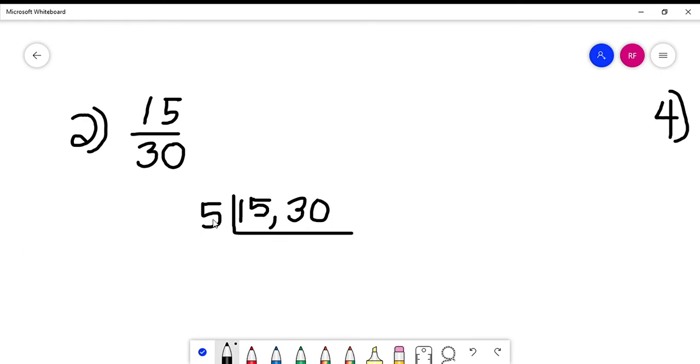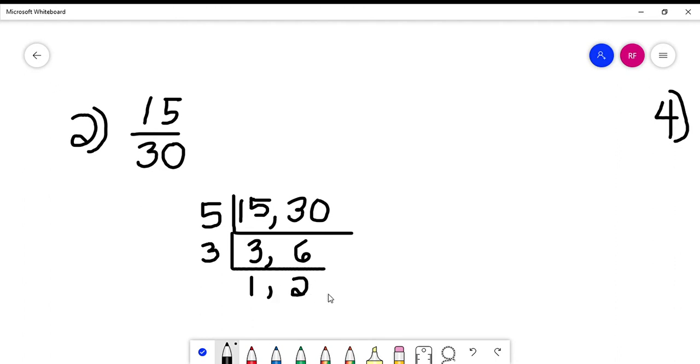So 15 divided by 5 is 3, and 30 divided by 5 is 6. 3 and 6 are both divisible by 3, so we can still divide them by 3. 3 divided by 3 is 1, and 6 divided by 3 is 2.